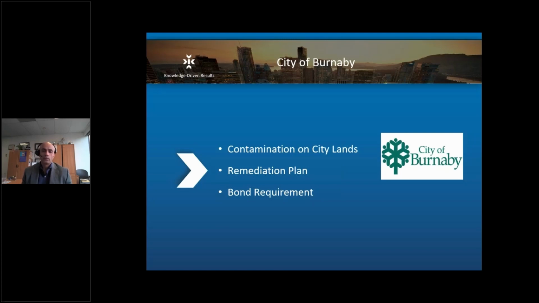Lastly, the City of Burnaby will have a bonding requirement for the cost of the instrument. That's estimated by the consultants and reviewed by Burnaby, and we have conversations to make sure the bond amount is adequate in the event the developer does not proceed with the remediation. Next slide, please.